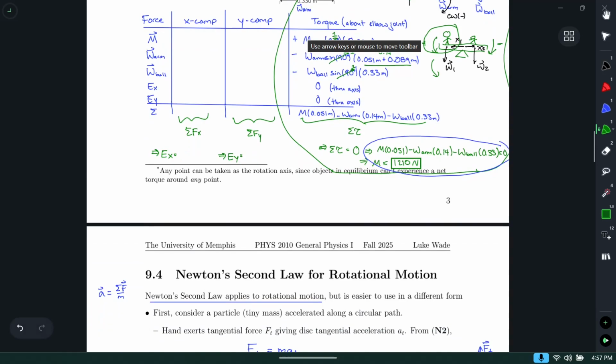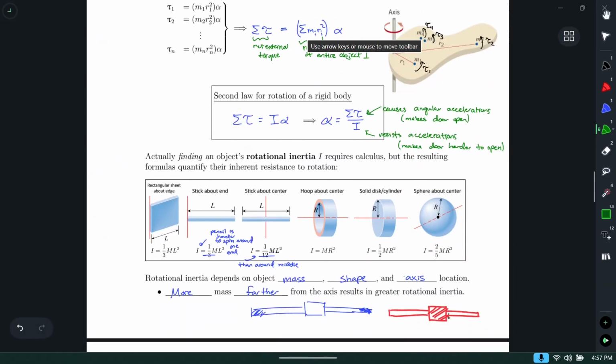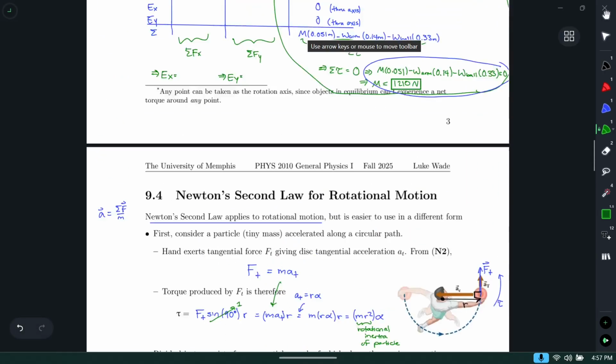The angular acceleration, how quickly it is turning from one moment to the next, is determined from this. It's the second law, but for rotation. It depends not only on the net torque, so that overall adding up of each individual torque, but also on what you're trying to turn, and that's described by the rotational inertia.